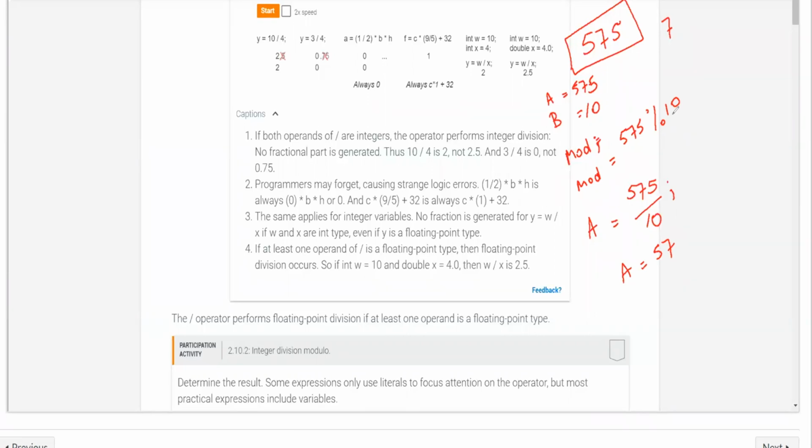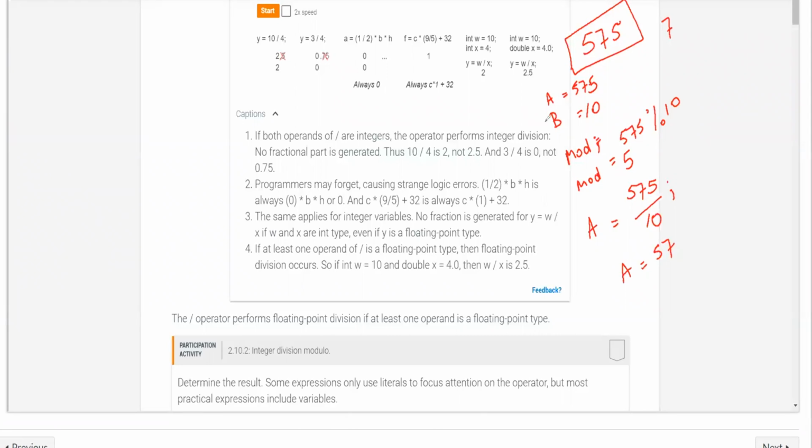Anyone? Is it the remainder? It gives you 5. Yeah, it will give you 5. What is 5? The remainder. So it's giving you the remainder, right? So the modulus means you get 5 here.